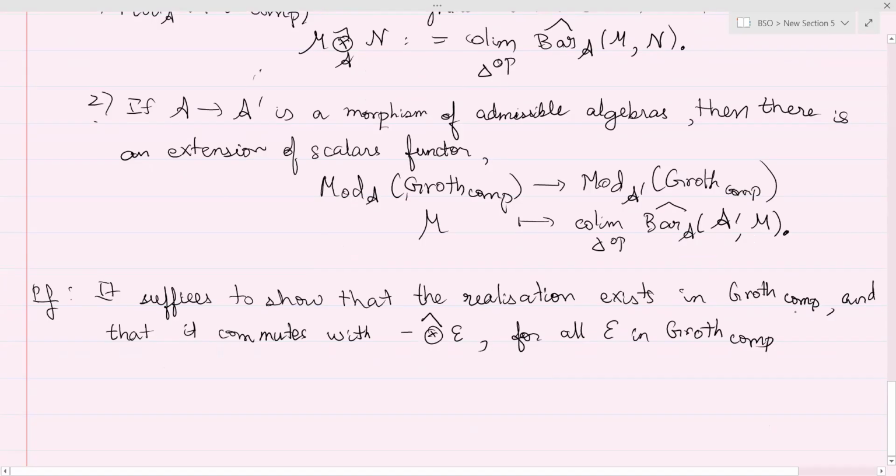And to show this statement, we can further reduce to doing everything in Groth, because note that Groth comp is symmetric monoidal and a colimit preserving functor.